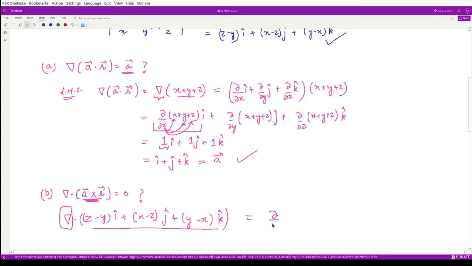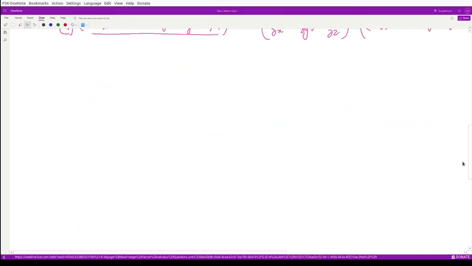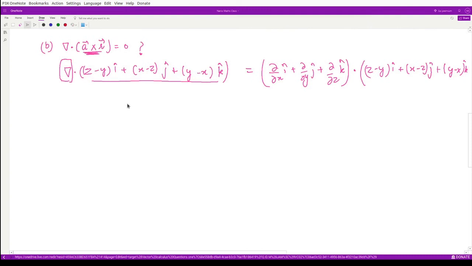It would be del by del x i cap plus del by del y j cap plus del by del z k cap dot with the vector z minus y i cap plus x minus z j cap plus y minus x k cap, right? So you have to perform the dot product here. So when you take the dot product, you have del by del x of z minus y plus del by del y of x minus z plus del by del z of y minus x.